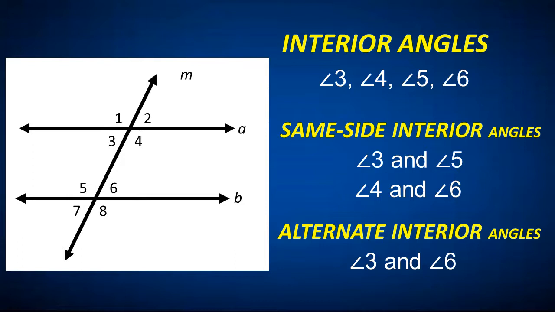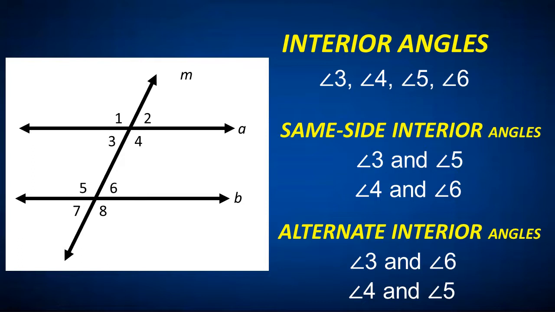So check, they are alternate interior angles. Next, aside from angle 3 and angle 6, are there any other alternate interior angles? So correct, angle 4 and angle 5 is another example of a pair of alternate interior angles. So do you have questions about alternate, same side, and interior angles?